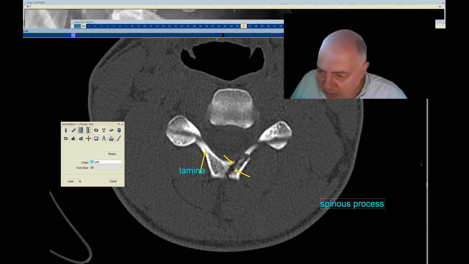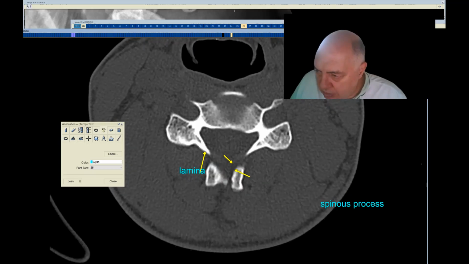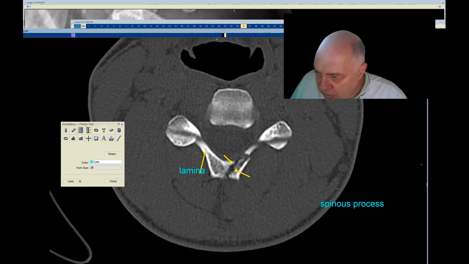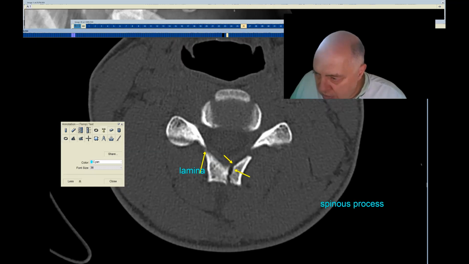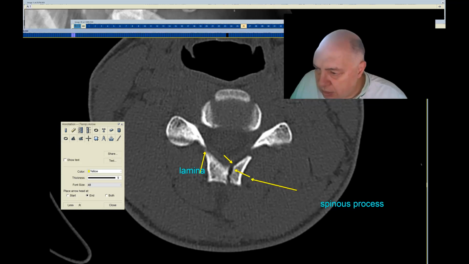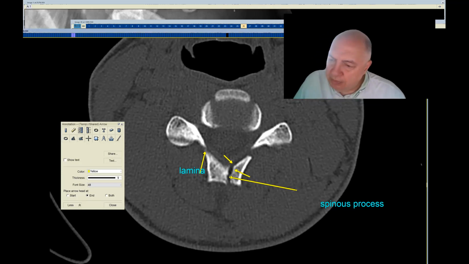That's the spinous process. Right there.